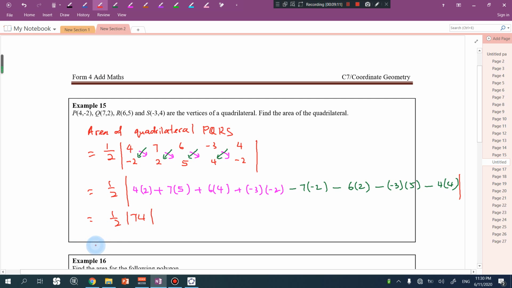So modulus 74 will still be the same thing, 74. Okay, 74 times 1 over 2, you will get 37. Okay, so this is the area of this quadrilateral.